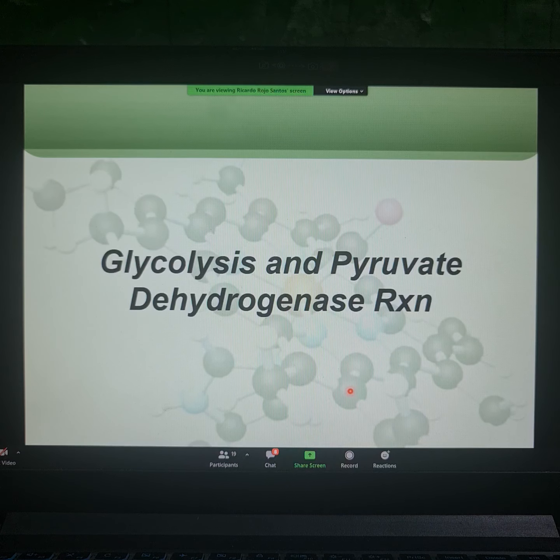Now, the Krebs cycle is linked to the electron transport chain, and the electron transport chain is in turn linked to oxidative phosphorylation. So most of the ATPs inside our body are generated through oxidative phosphorylation.